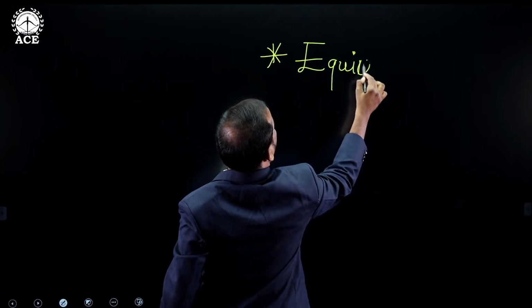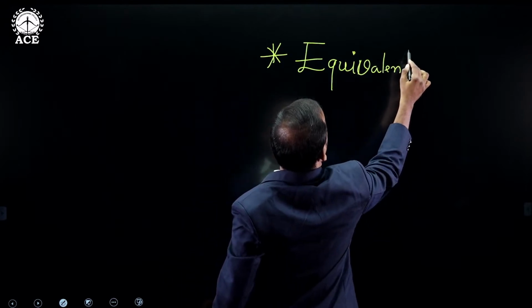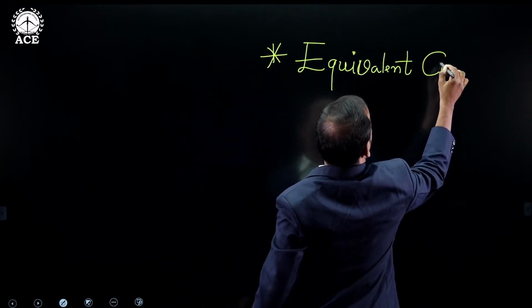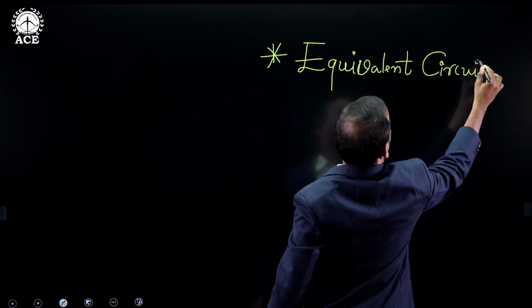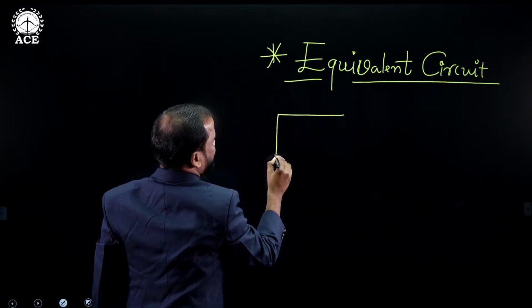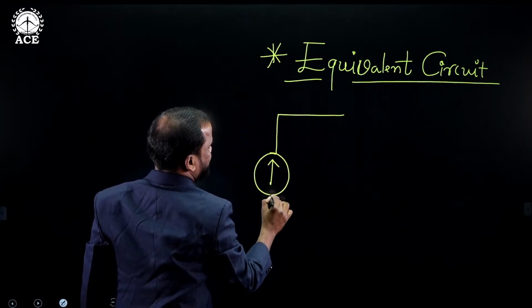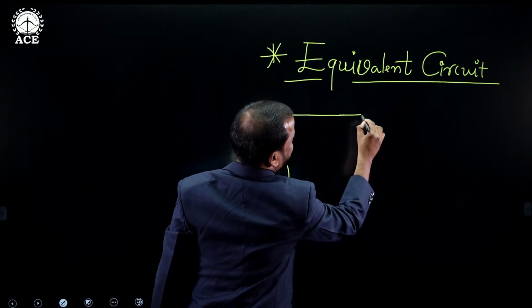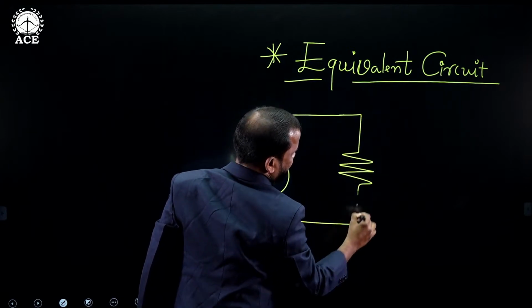So what is the Norton's theorem equivalent circuit? A current source connected in parallel with the resistance.